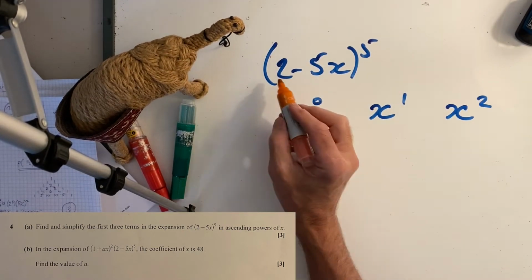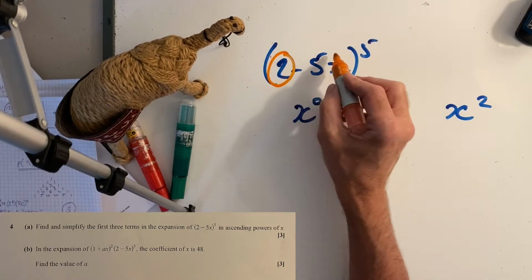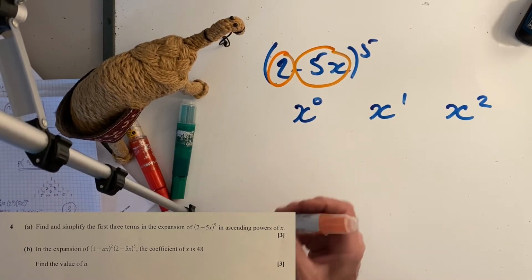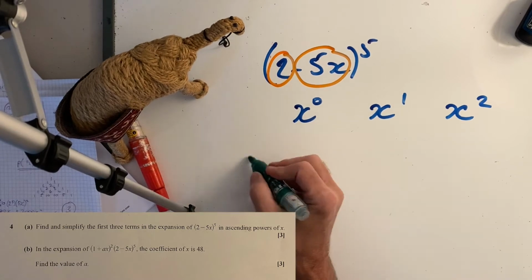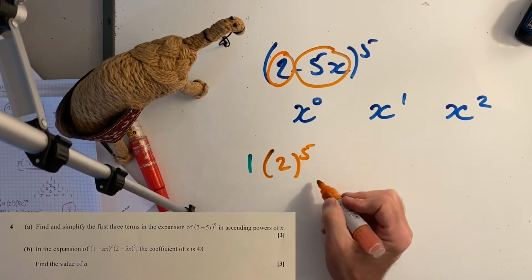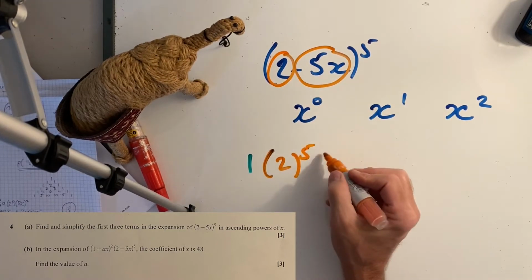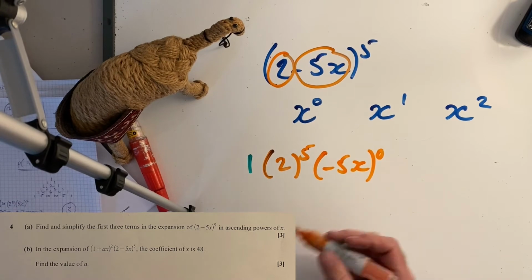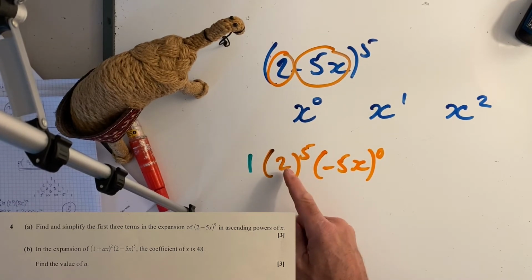Okay, and then I'm going to take each of these like this. So we start with the 2, and don't forget the coefficient of 2 was 1. So then it's going to be 2 to the power of 5 times this. I'll put it in there. We know that becomes 1, so that's going to be 32.